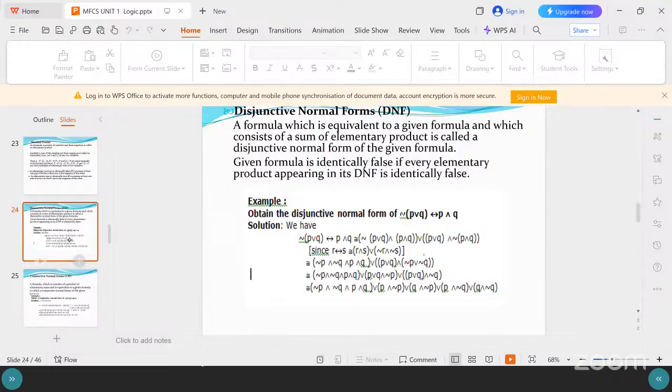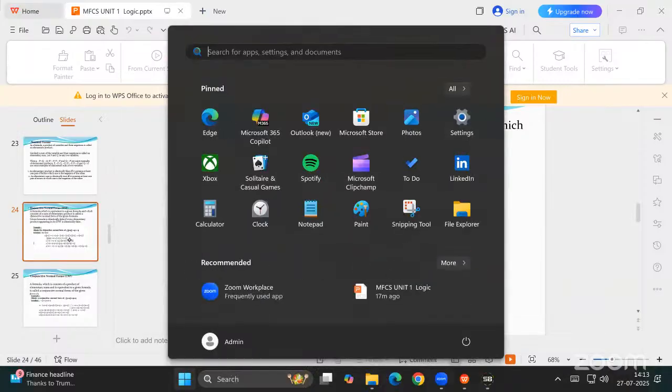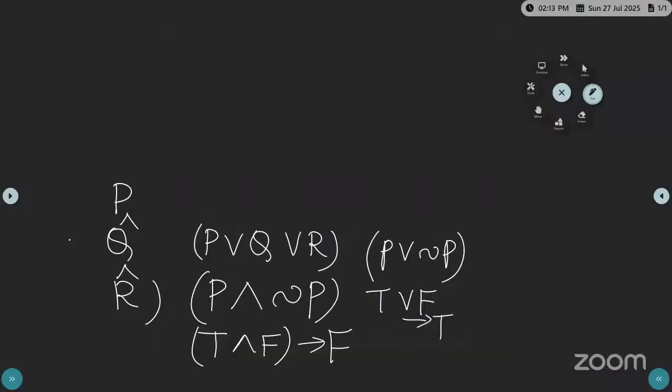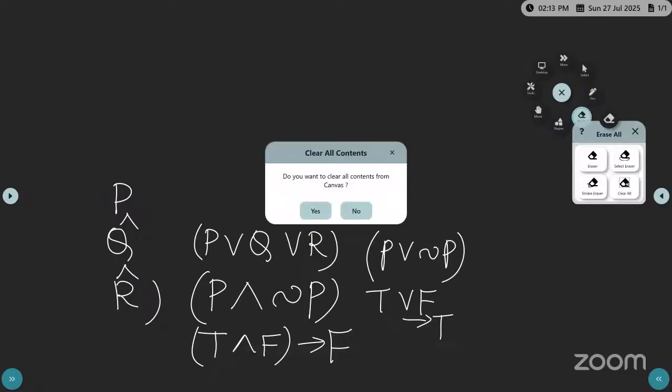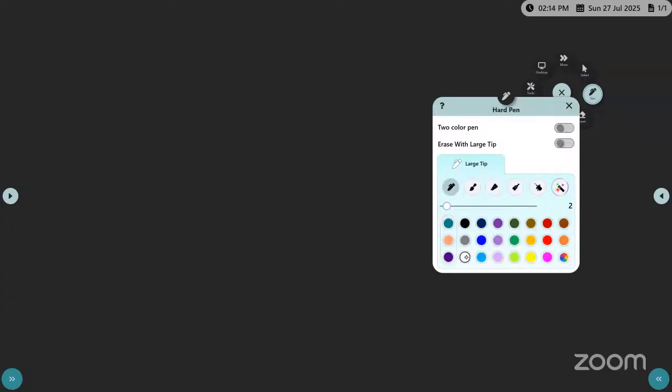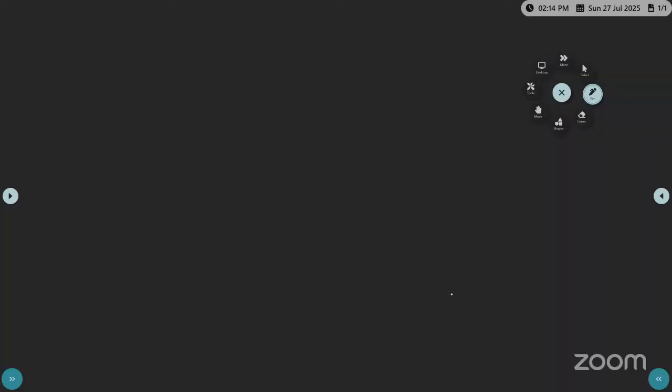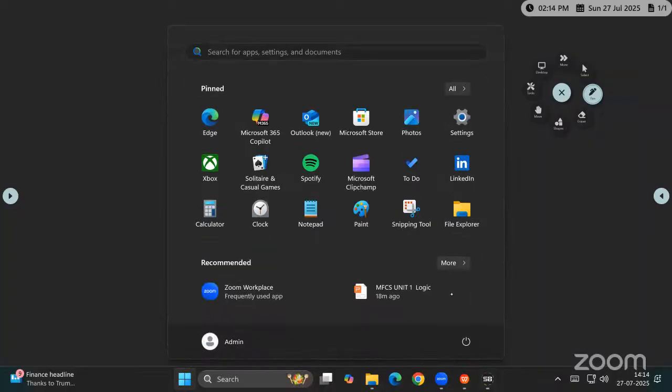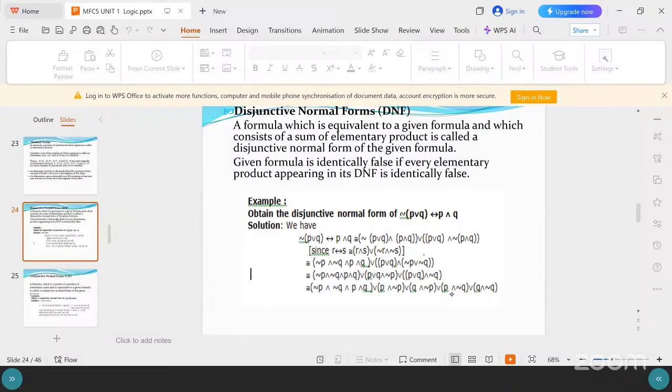So what do you mean by this? Read the definition. What is DNF? A formula which is equivalent to a given formula and consists of a sum of elementary products.